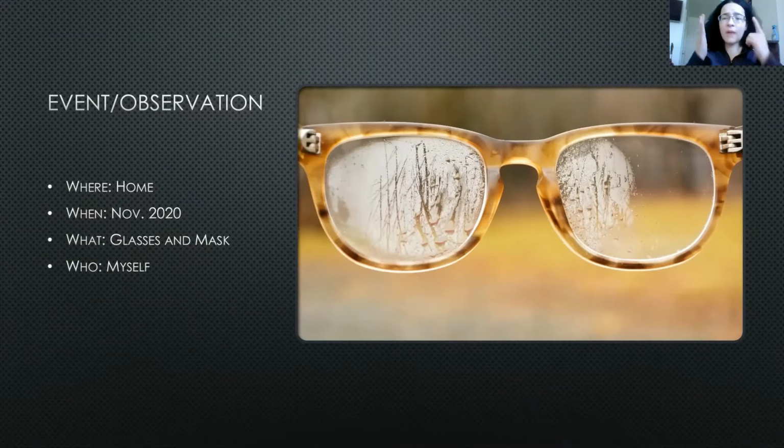The objects that I observed were my glasses and my mask, and the subject was myself. I tried this in multiple ways with different masks to see if it would change the result.